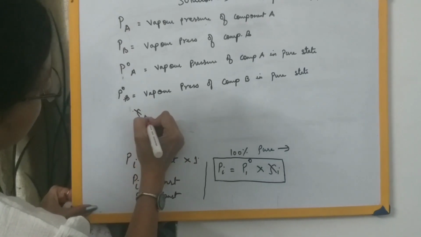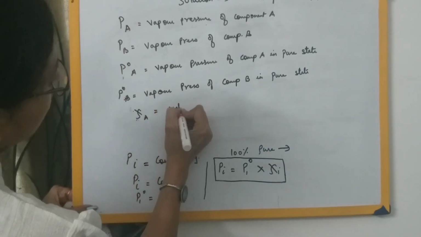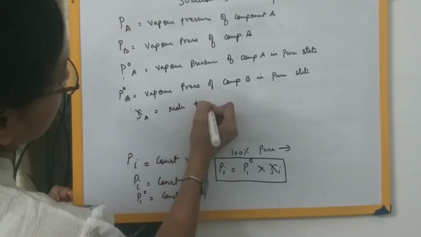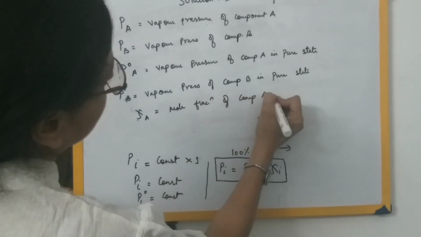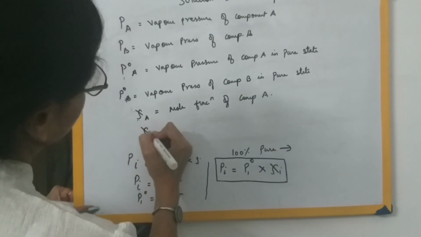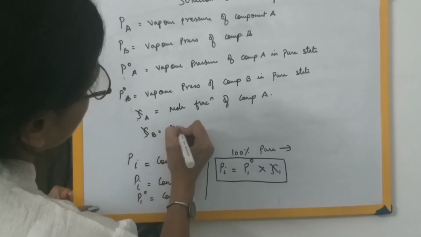Chi A is the mole fraction of component A, and chi B is the mole fraction of component B.